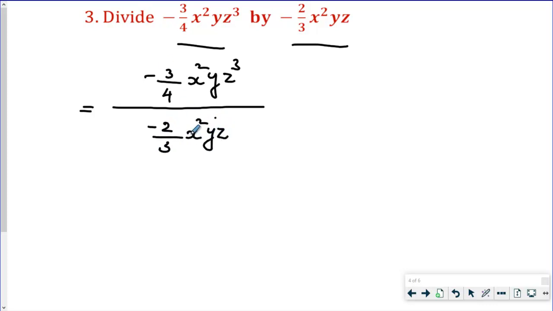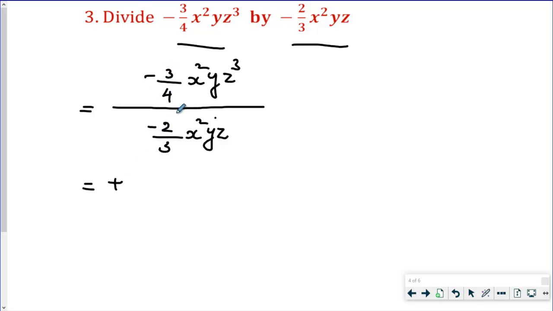Now here also first we have to check the sign. Here minus, here also minus, so in our answer, both having the same sign, so our answer must be plus. If the sign is different, then it is minus. If the terms have the same sign, it should always be plus.